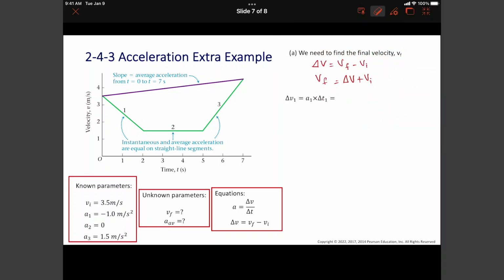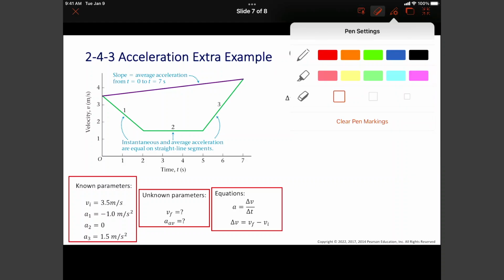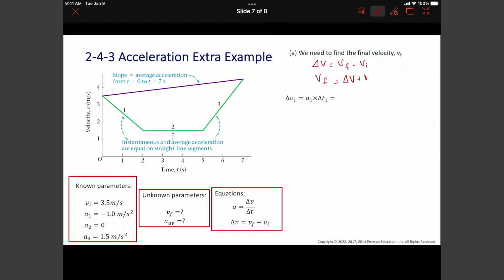So delta V is equal to delta V1 plus delta V2 plus delta V3.